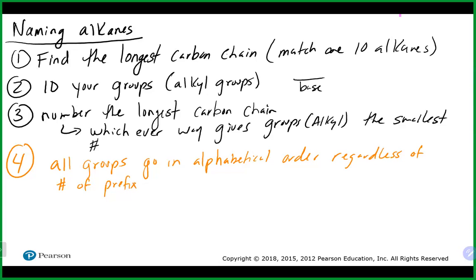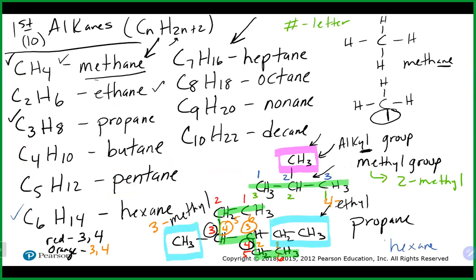So in this particular case, when we look at this bottom one, we have a methyl group, which is M, and we have an ethyl group, which is E. Which one should actually come first in the name? The ethyl. So since the ethyl group should come first in the name, we probably want to give it the lower number.